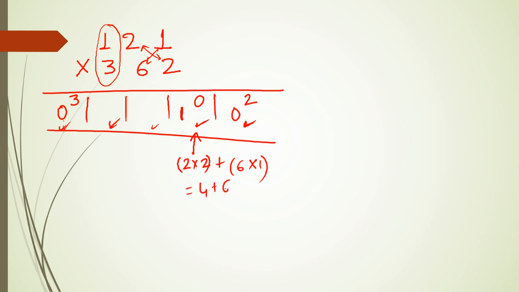So 4 plus 6 equals 10. So we are writing 10 here. Then for this compartment, we do 6 times 1 is 6, plus 3 times 2 is 6. So 6 plus 6 is 12.